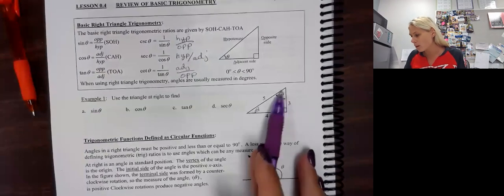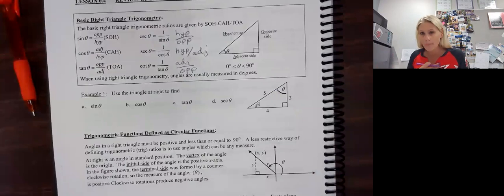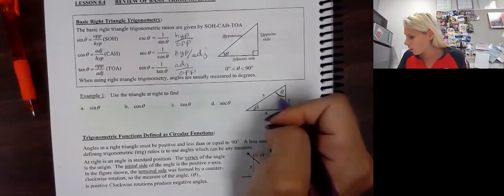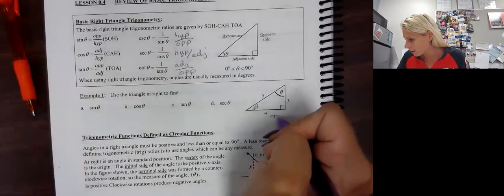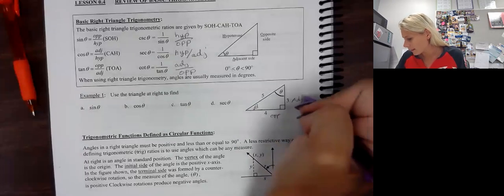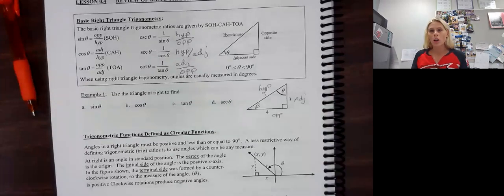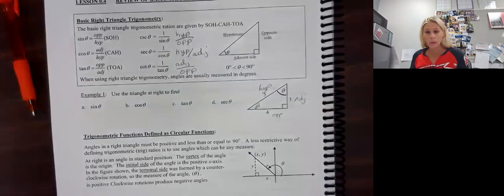But since it's theta, we have to do it from this angle. Now, I might right away go, okay, that 4 is opposite, that 3 is adjacent, and that 5 is the hypotenuse.